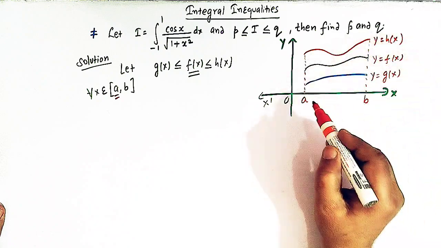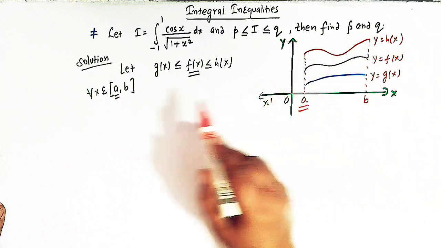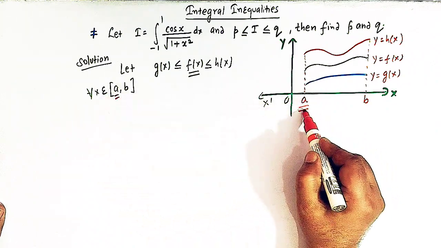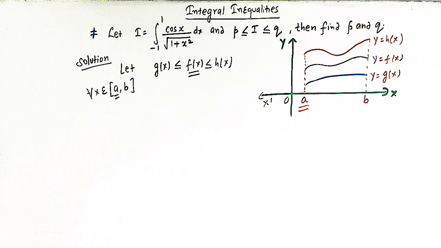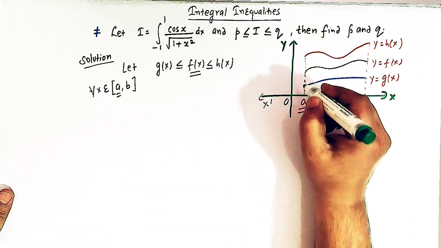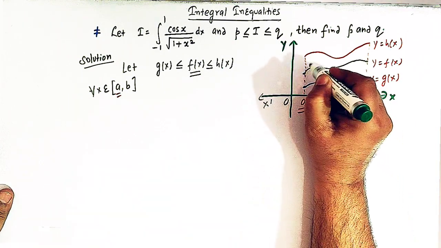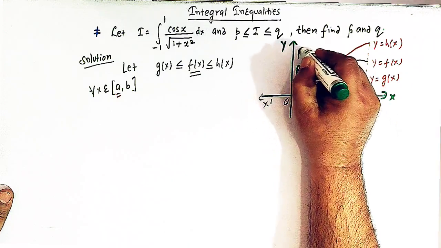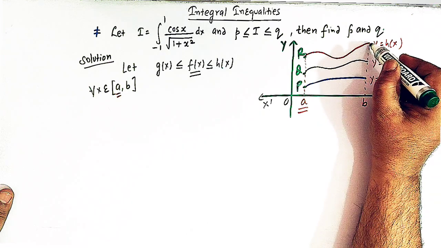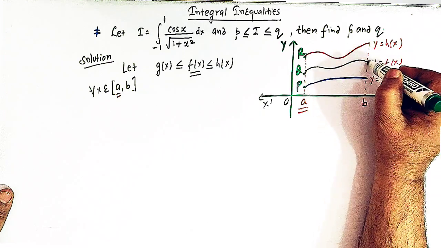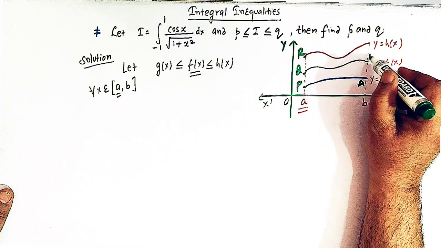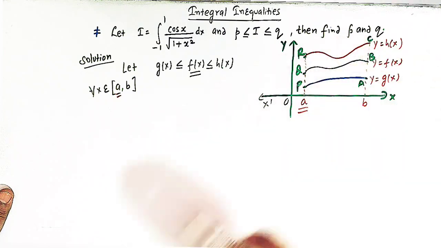Here we are taking two points whose abscissas are a and b. Let us name these points P, Q, and R, and the three points on the x-axis as A, B, and C, right?